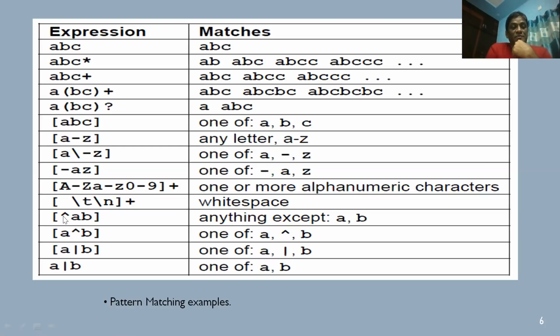And this says that starts with AB, anything except A, comma, B, and A followed by B with a cap is going to be either of those three characters.